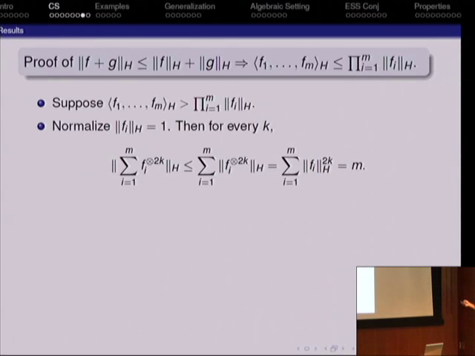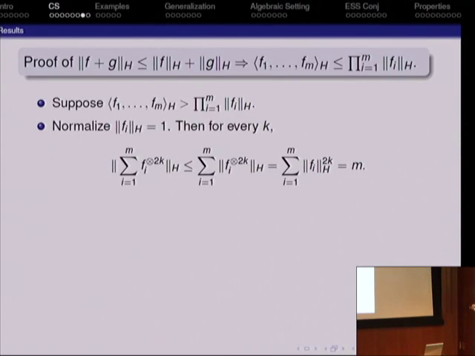Now, let's look at this sum. I'm taking each one of these functions, raising it to the 2k tensor power, where you think of k as some large positive integer. And let's look at the sum and take the norm. We are assuming that the triangle inequality holds, so I can bound this above by the sum of the norms.